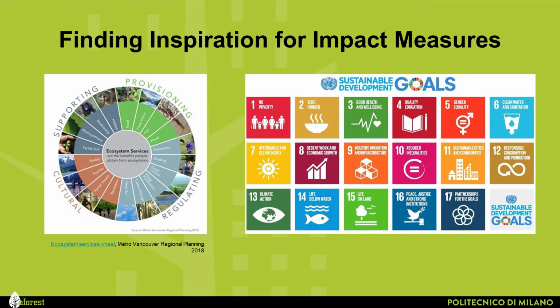The other fundamental resource is the UN's list of 17 Sustainable Development Goals and their related indicators. These inform a multitude of public and private sustainability initiatives and are core requirements for many public and philanthropic funding agencies. The obvious category to look into is goal number 11, Sustainable Cities and Communities, but there may be others that fit your project even better.